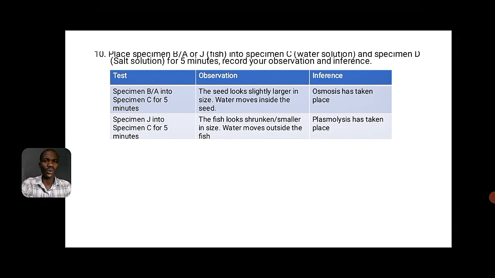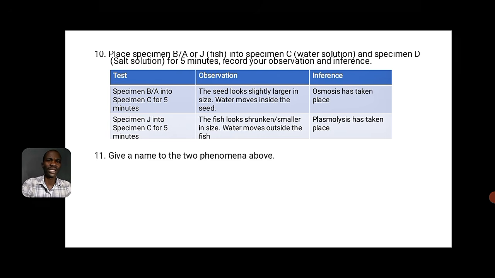Then the second row is that you put specimen B or A or specimen J into specimen D, a beaker containing salt solution. The fish looks shrunken or smaller in size. The groundnut seed, that is specimen A, will also shrink. So plasmolysis has taken place.